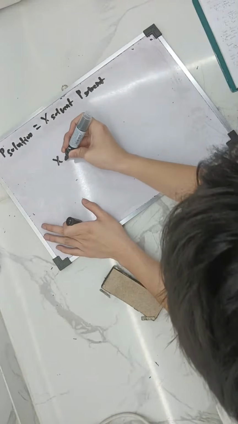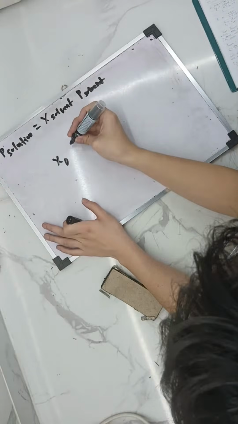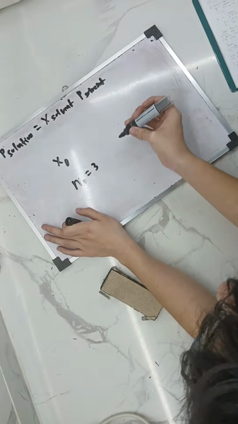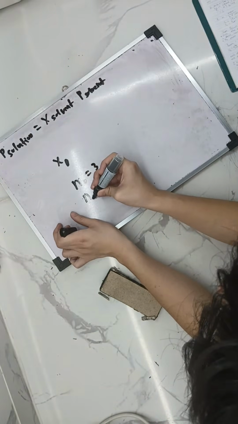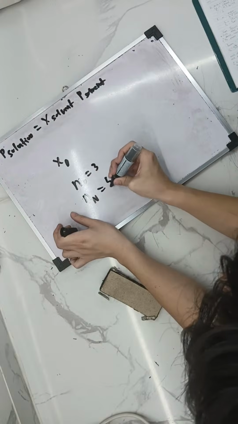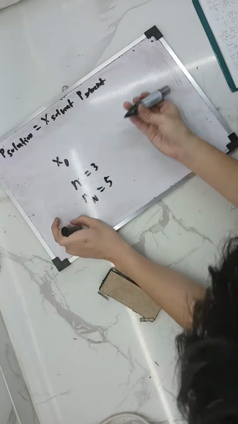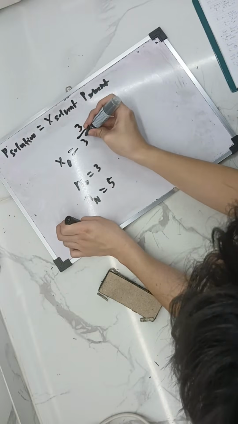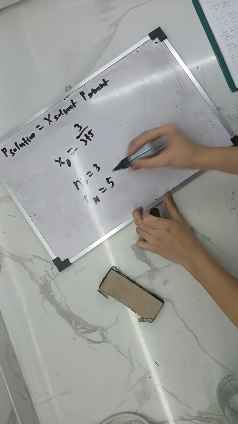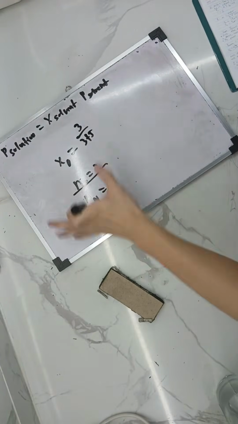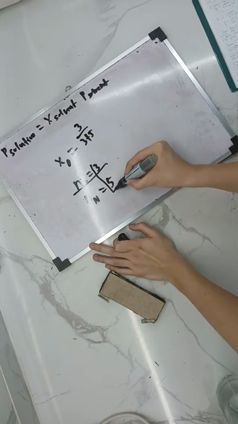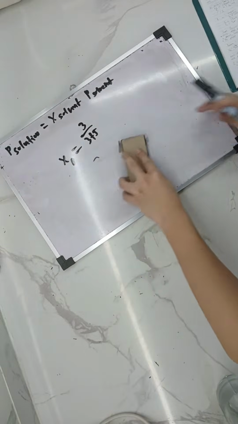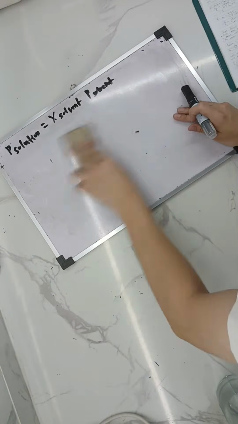We're going to find the mole fraction of oxygen, and let's say there are 3 moles of oxygen and 5 moles of nitrogen. So the formula would look like this: 3 over 3 plus 5. We put what we're looking for on top, and on the denominator is what we're looking for plus every other mole found in the solution. So this will just equal 3 over 8. So that's how you get mole fraction.